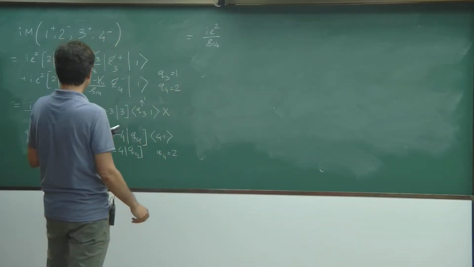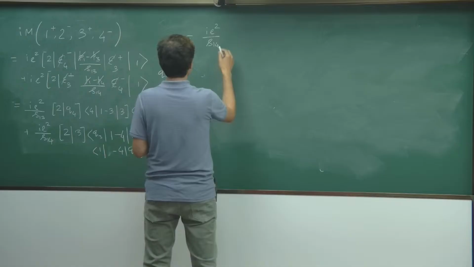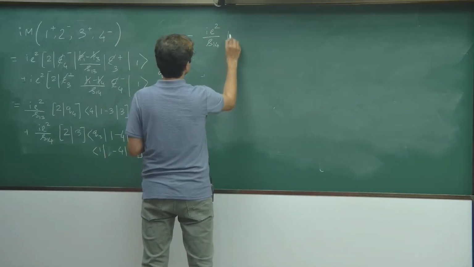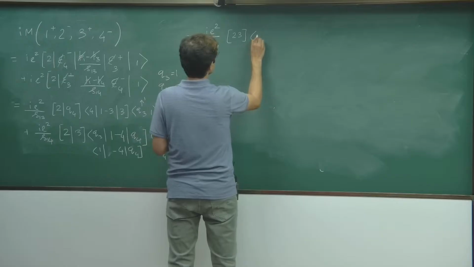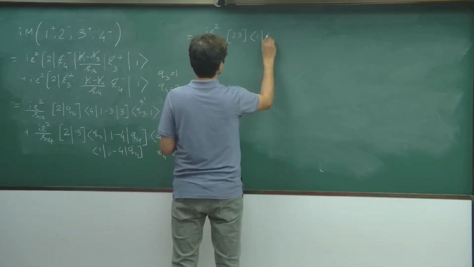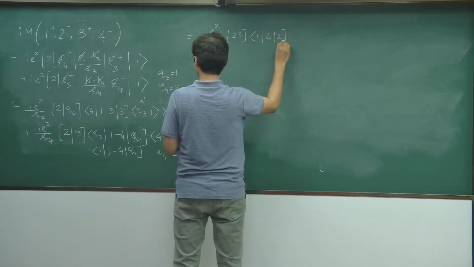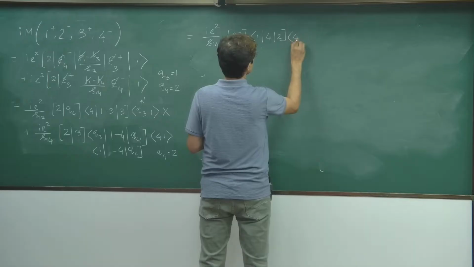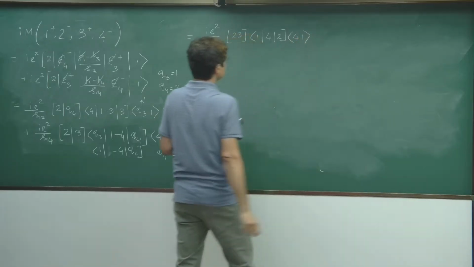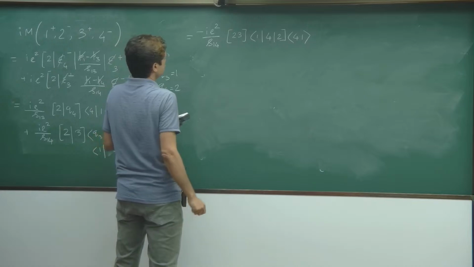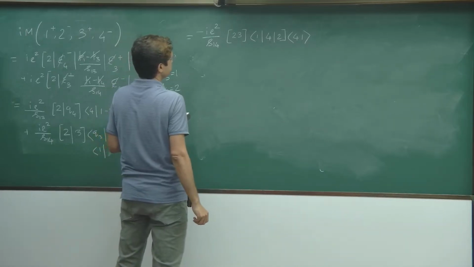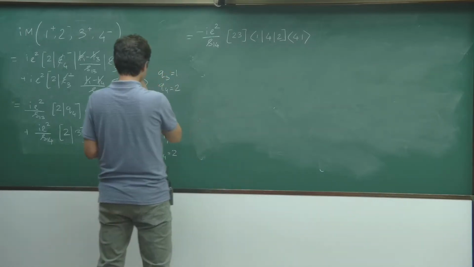Okay. So first line is 0. From the second line I get 2 3 1 4 2 4 1, okay, with a minus sign. Is it correct?